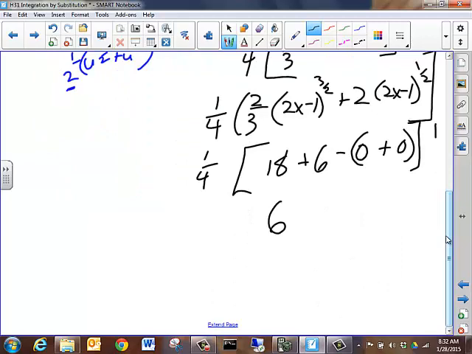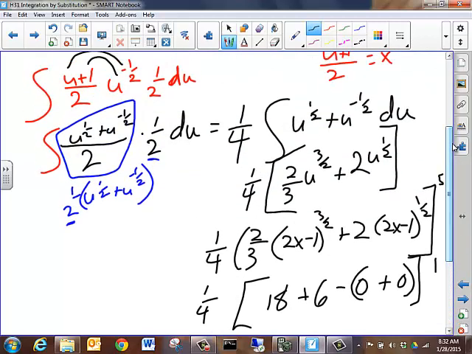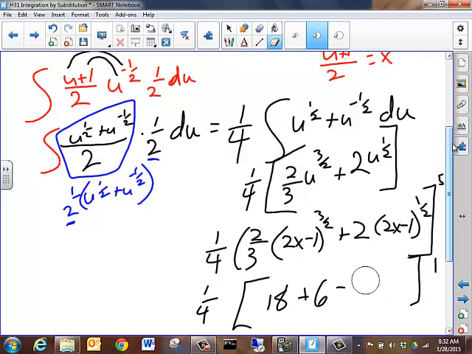Looks like the answer is 6. But you're not evaluating at 0, are you? Oh, no, I'm sorry. When I put 1 in, I'm putting the number 1 in and I get the number 0 out here. No, because you get 2 minus 1, which is 1. No, thank you, thank you. I said 2 minus 1 was 0. Okay, thank you. All right, let's back up and try that again.